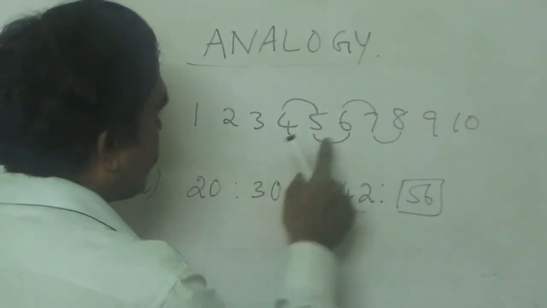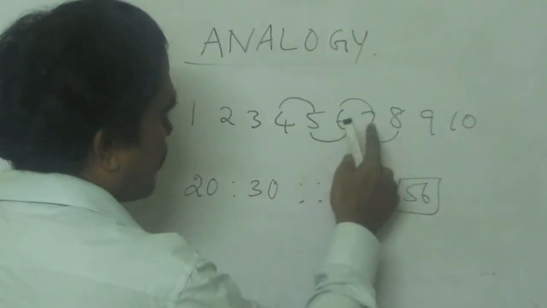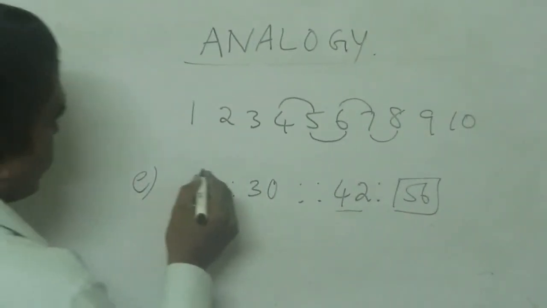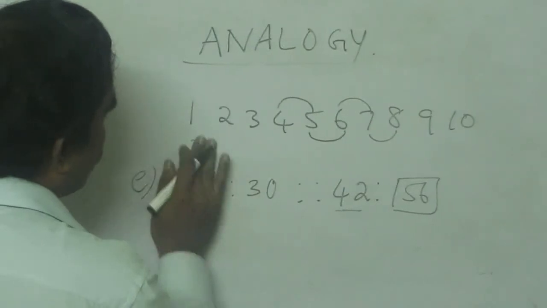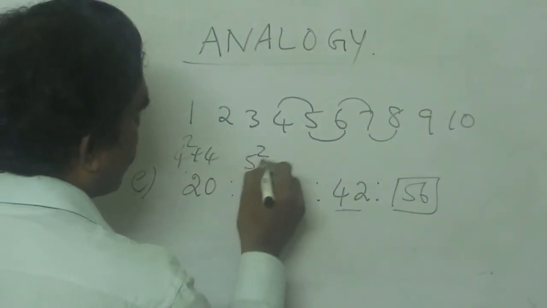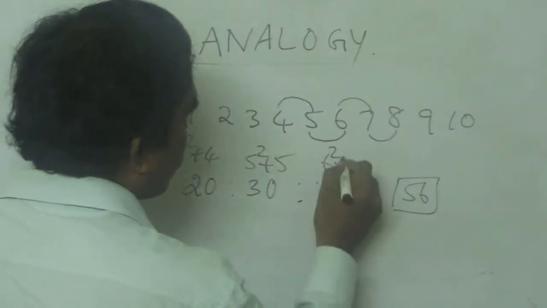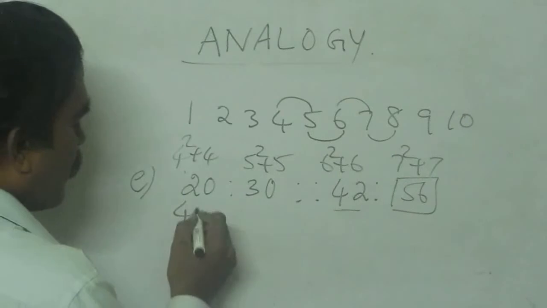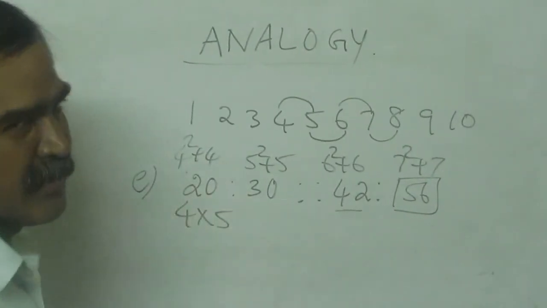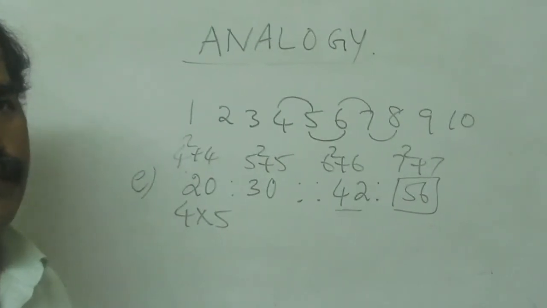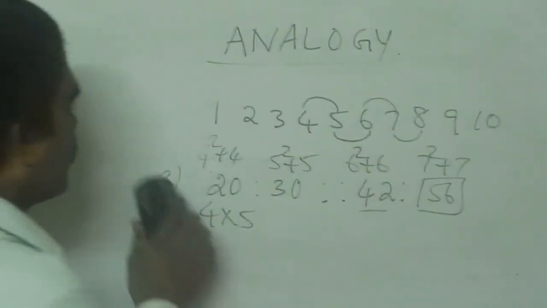How to think in a different way? This is 4 square plus 4, this is 5 square plus 5, this is 6 square plus 6, this is 7 square plus 7. In my opinion, 4 into 5 or 4 square plus 4, both are the same, but we can call them different methods. Shall we go for another last question?